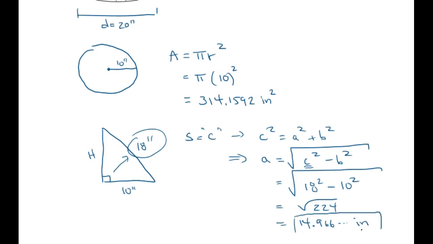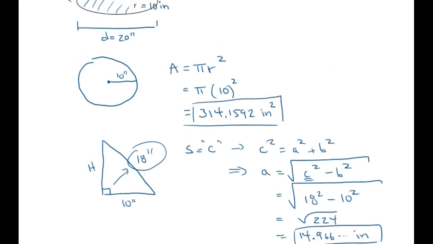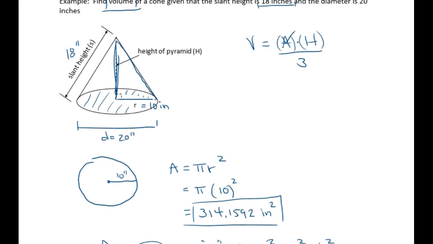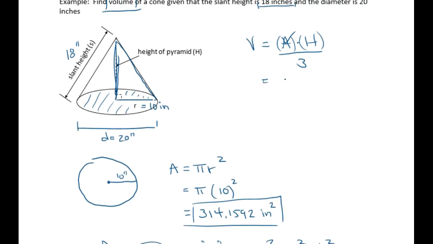So now we have our height, we have our area. We can plug both of those values into our original volume formula. So our area is 314.1592. Our height is equivalent to 14.966. And we're going to take that value and divide by 3.